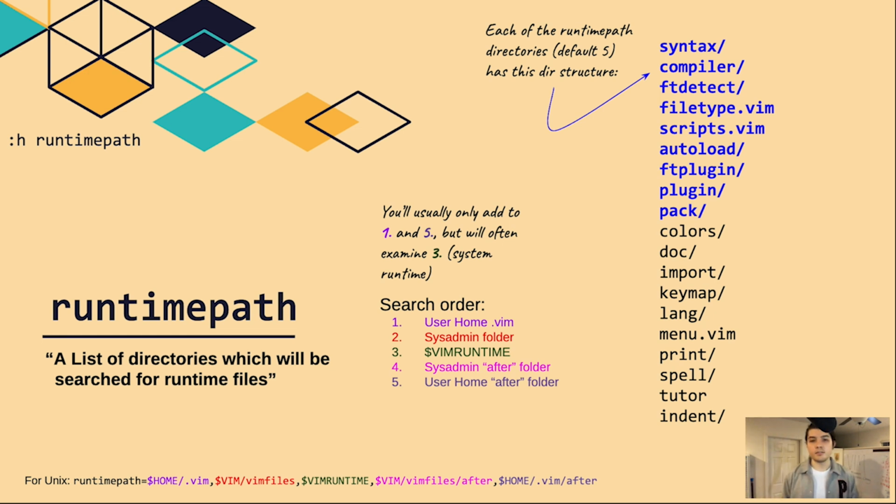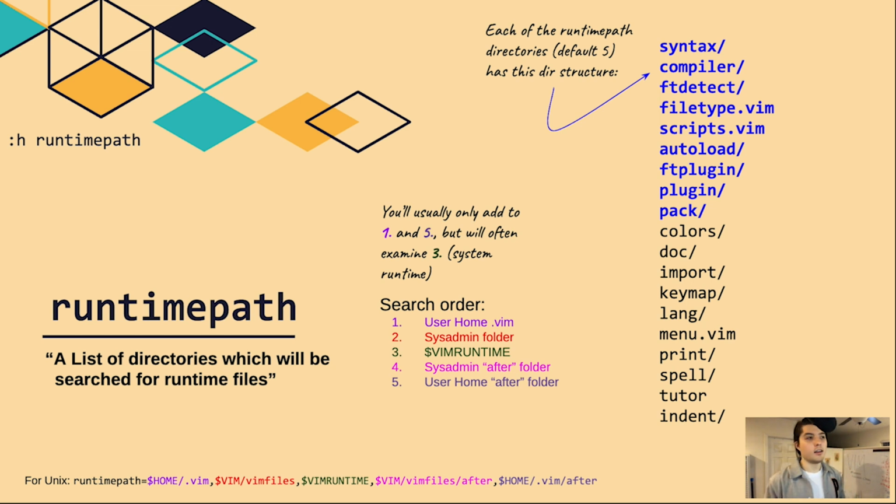All of that stuff that makes Vim so magical is because of the system Vim runtime folder. We're going to examine each of these in detail, and I will give a concrete, practical example that you can follow along with so you know exactly how to use them, without me just blurting out all these terms without actually showing how to use them. So stay tuned, because that's going to come real quick.